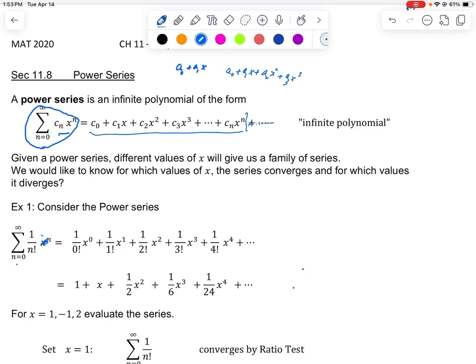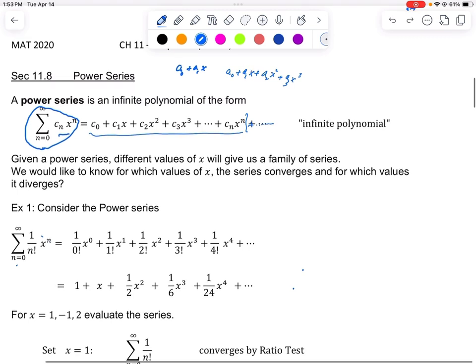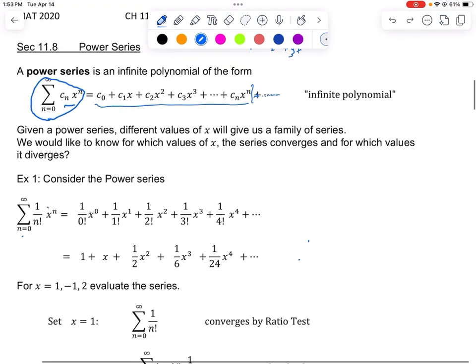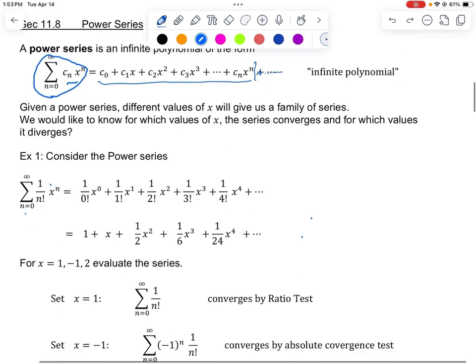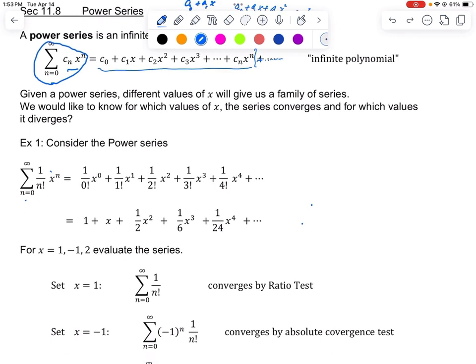To check the convergence and divergence, we will see in a few minutes, but first let's expand and see what we are getting. The first value is 0, so 1 over 0 factorial times x to the 0 plus 1 over 1 factorial times x to the 1 plus so on. So we are getting terms like 1 plus x plus x squared over 2 plus x cubed over 6 plus x to the 4 over 24 and so on.